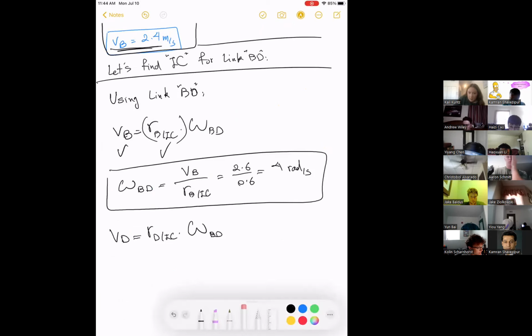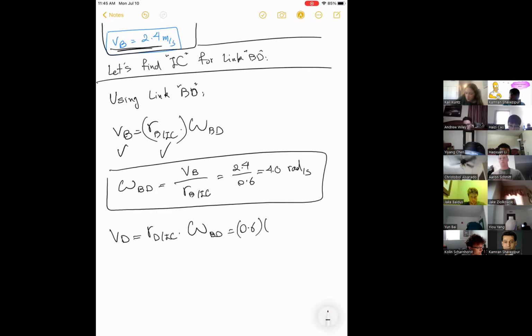Sorry, this should be 2.4. Then you're going to get 0.6 times 4, which gives you 2.4 meter per second.